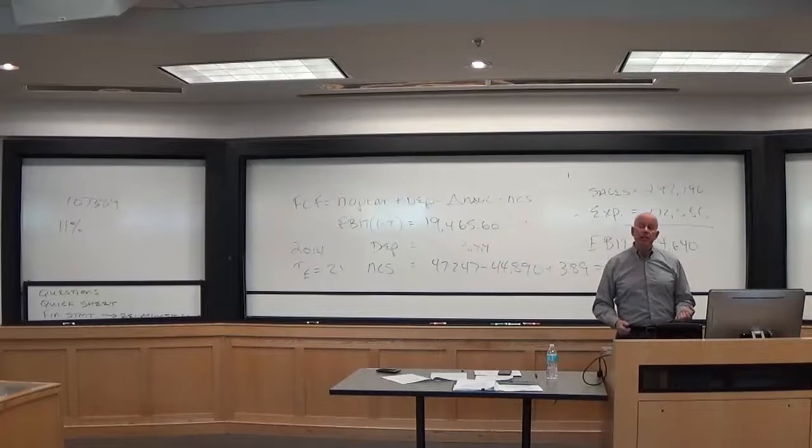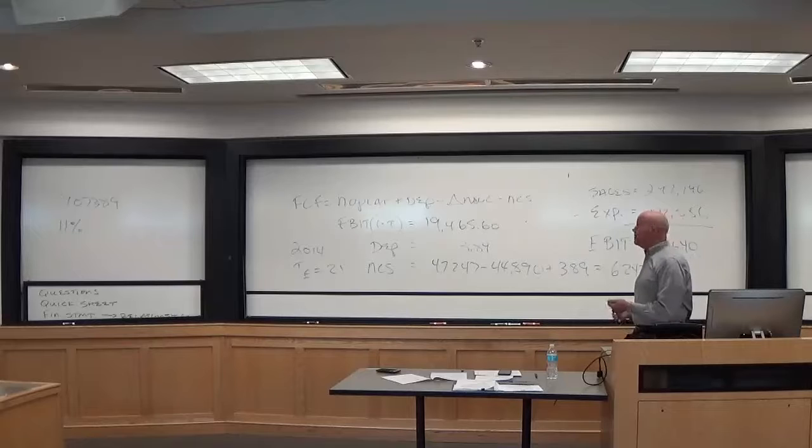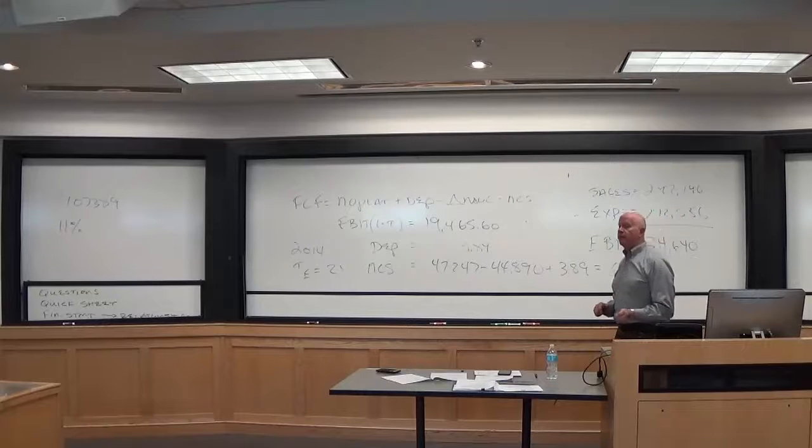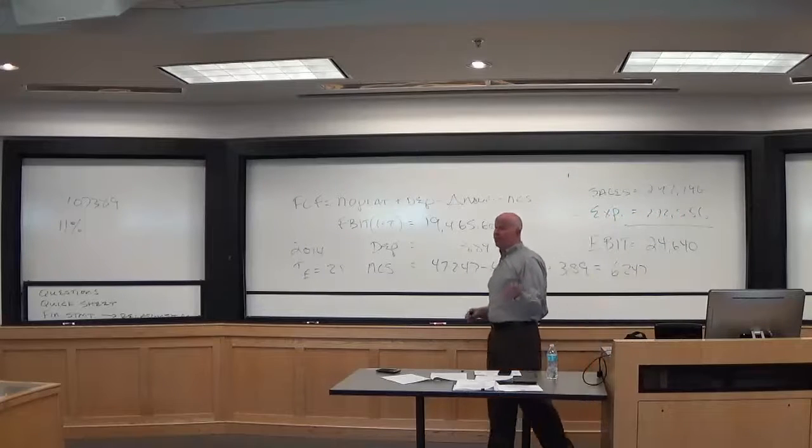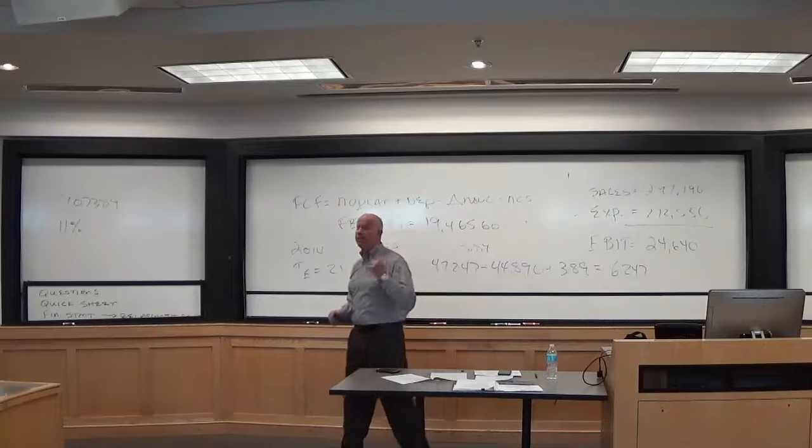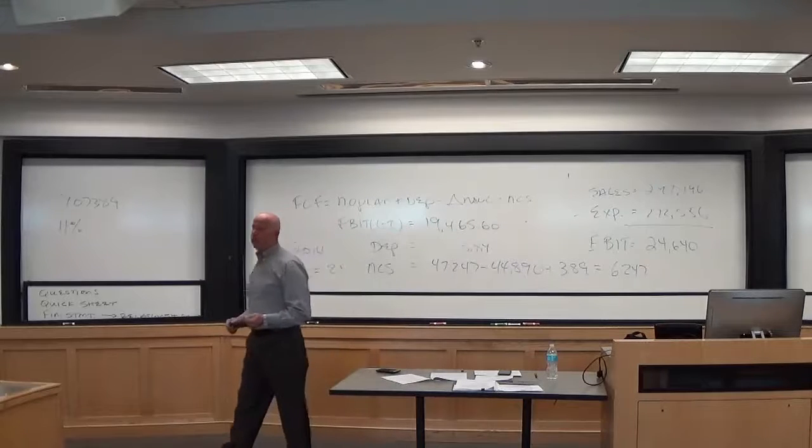Sometimes net capital spending is zero. But Garrett, my CFO, runs into the office and says, Rick, it wasn't zero. We spent $7 million on new assets last year. How is our net capital spending zero? How would net capital spending be zero if we spent $7 million on new assets during the year?